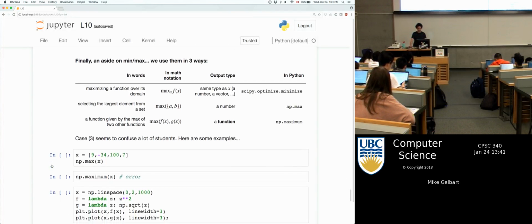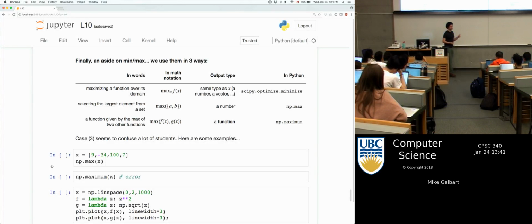Okay, last thing. I just added this morning because a bunch of students were confused about this last time. There's a few different ways that we use max and min. I've put them into 3 categories. I don't know if these are the definitive categories, I just made them up. But roughly, when we write down max or min, sometimes we mean maximizing or minimizing a function over its domain.